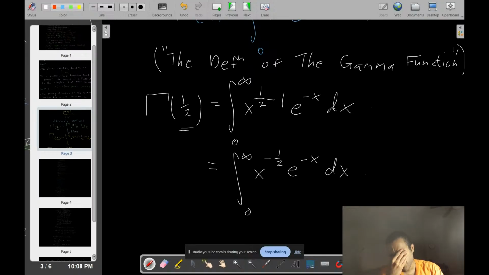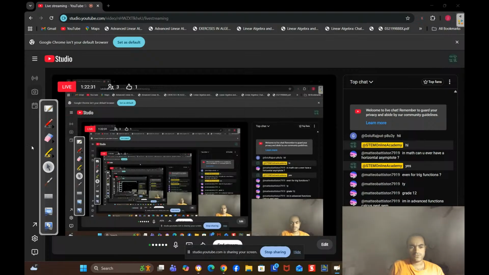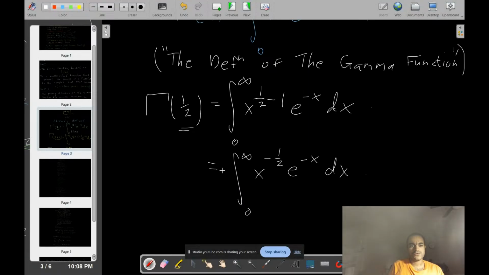So we need to use an integration method. What integration method should we use here to integrate x to the negative 1/2 e to the negative x dx?